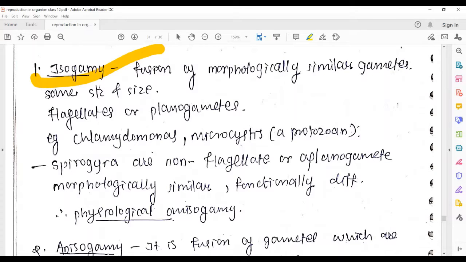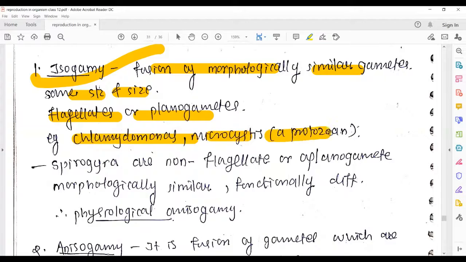Isogamy is the fusion of morphologically similar gametes, with the same structure and the same size. That is what is called isogamy. Flagellated gametes can be called planogametes. Planogametes is the word used for flagellated ones. Examples here are Chlamydomonas and Microcystis. What is Microcystis?